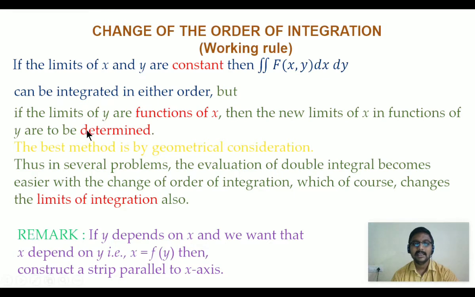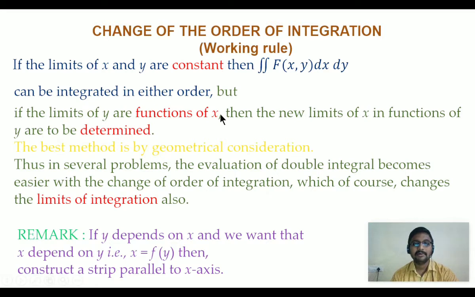Once again, if all the limits are constants, then the order of integration is immaterial. We can apply integration in any order, that means first with respect to y and then x, or first with respect to x and then y. In case of variable limits, that is, y limits are in terms of x and x limits are in terms of y, then we have to change the limits also.